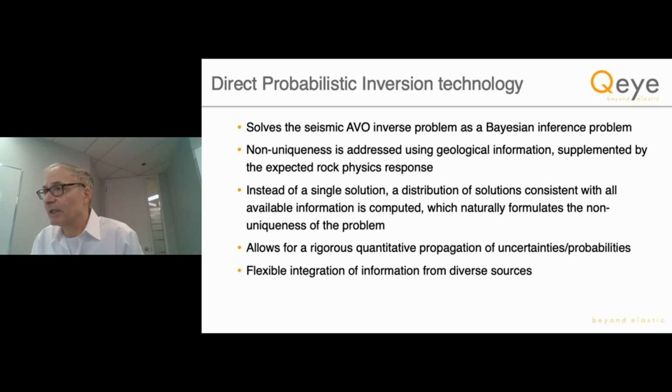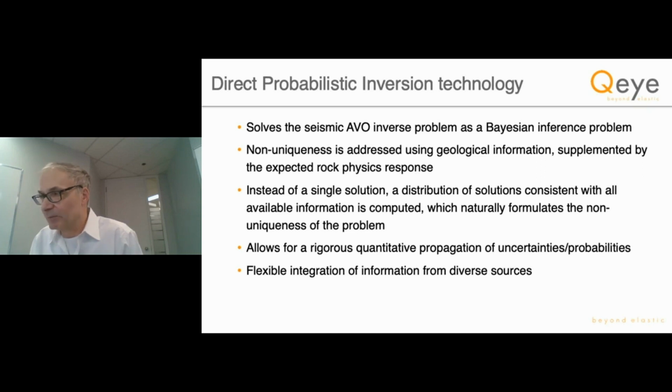Instead of a single solution, like I said, we have a set of solutions with naturally formulated non-uniqueness of the problem by allowing for quantitative propagation of uncertainties and probabilities. So it's a natural way of actually including a range of uncertainties into the solution for a range of lithofacies.